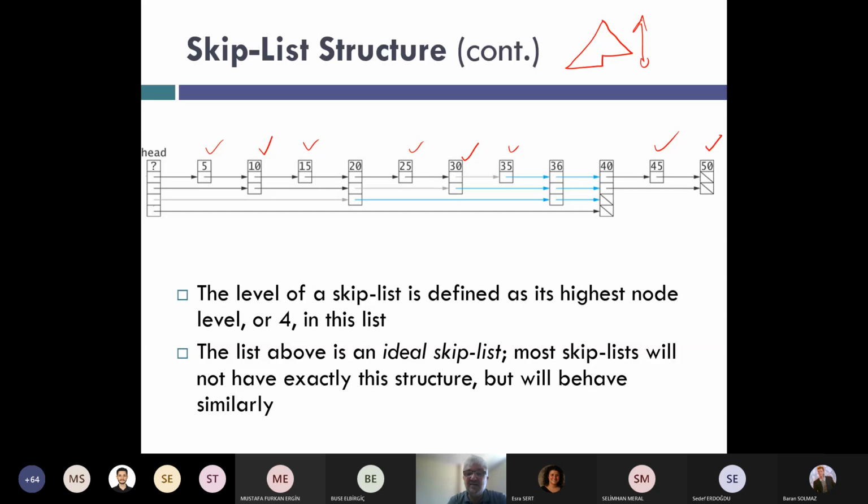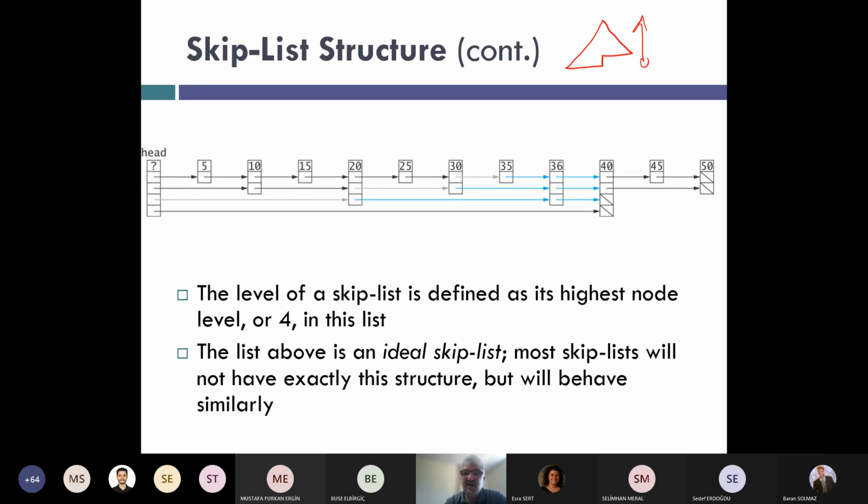Among the non-level-2 nodes, every next is level 3, etc. That's why it's a good skip list. It is like a complete tree for binary trees.